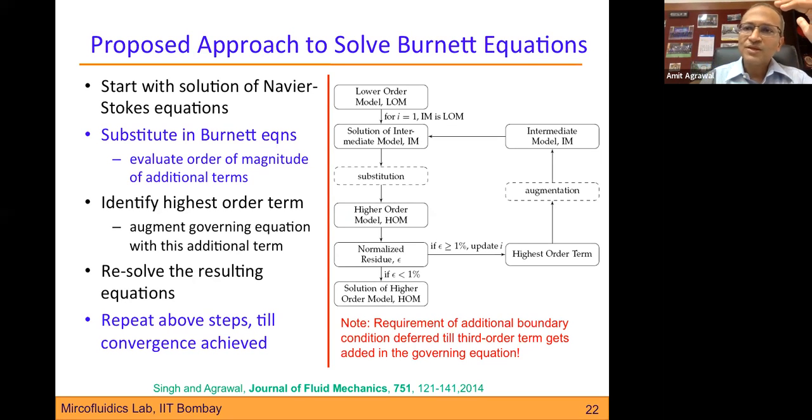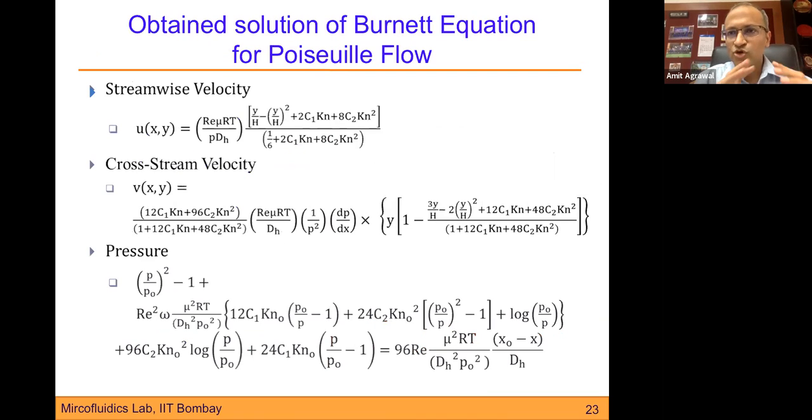This is an iterative approach that we proposed, and again, it is subject to criticism, but it has a very interesting feature: I don't need to prescribe an additional boundary condition a priori. I need to just wait till the additional term gets added into the governing equation before I need to describe it. That's the way we conceptualized it, and we could show that for a causal flow we do get a convergence.